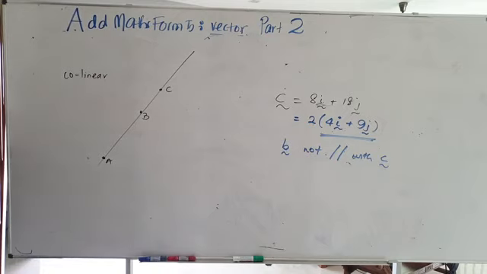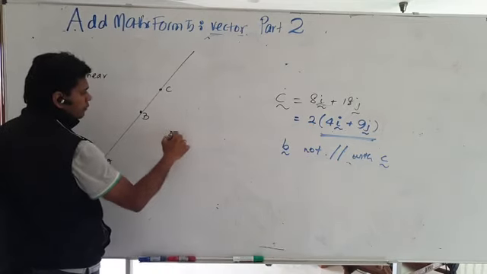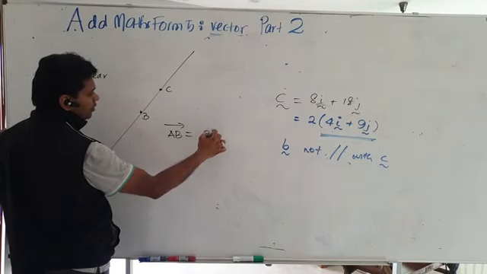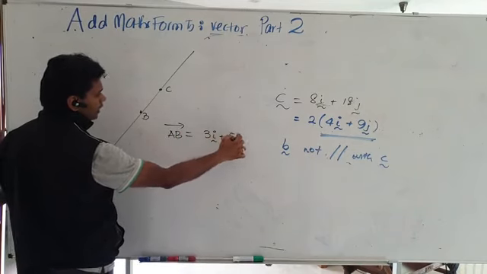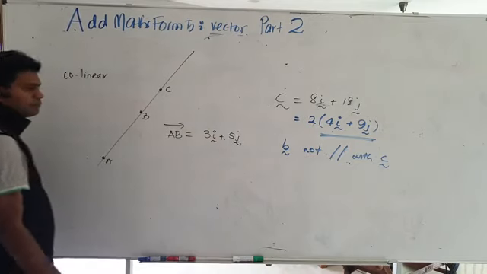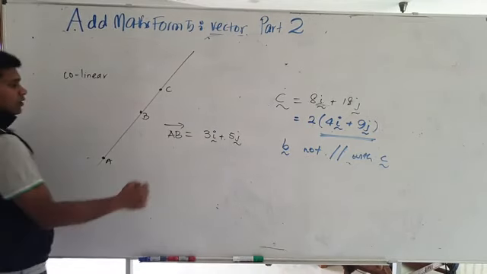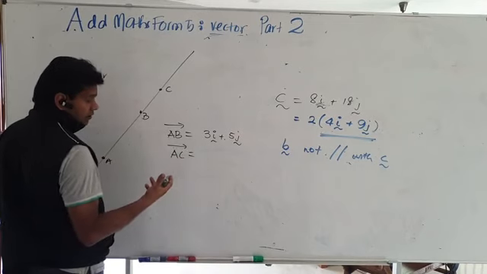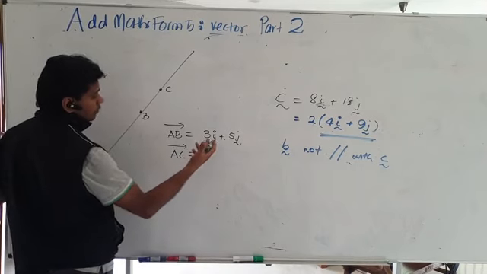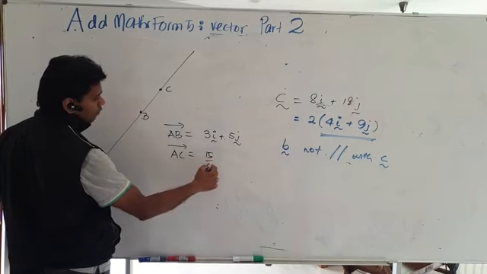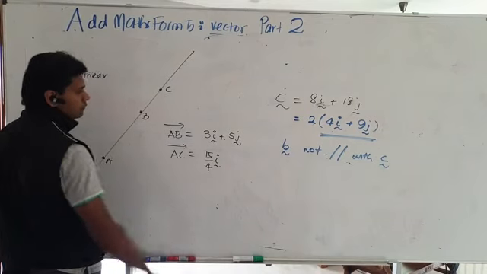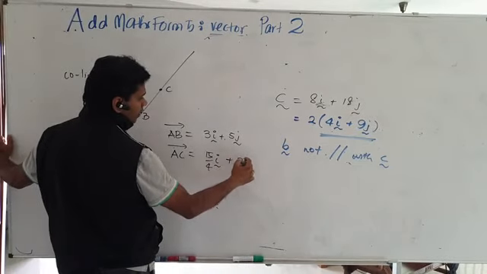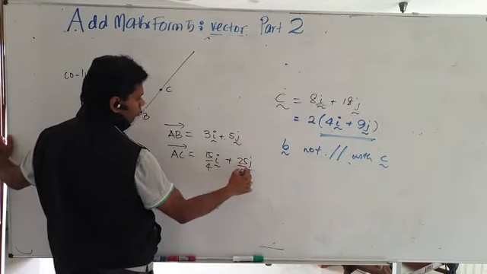Let's take a look. Let me give you vector AB, let's say 3i plus 5j. And then let me give you vector AC, let's say 15 over 4 i plus 25j over 4.